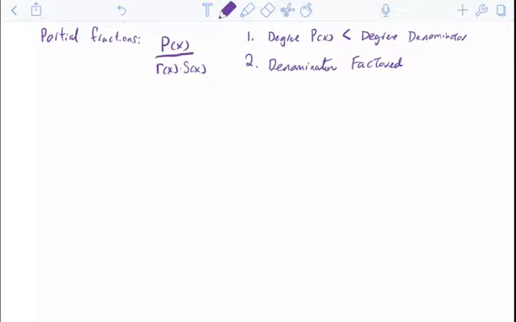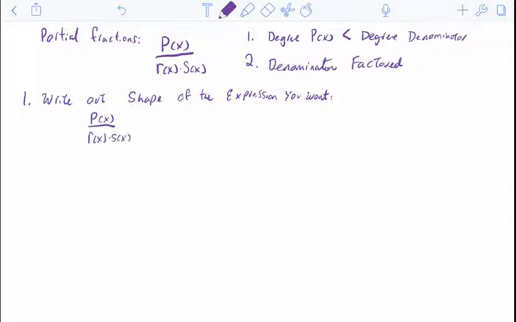So step 1, write out the shape of the expression you want. Okay. So you want to break your original expression into two pieces that are added together.